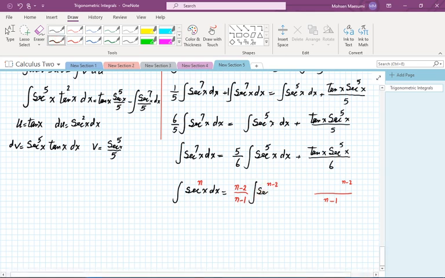I try to color coordinate it so that you see what's happening. This is tangent of x, secant of x to the power of n minus 2. So let me write this a little bit better. So this becomes our reduction formula.